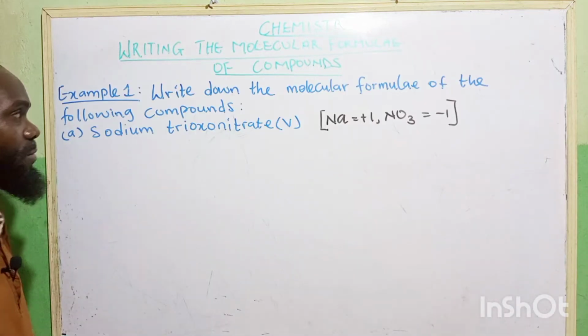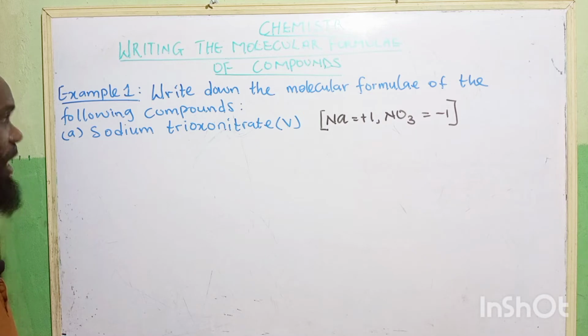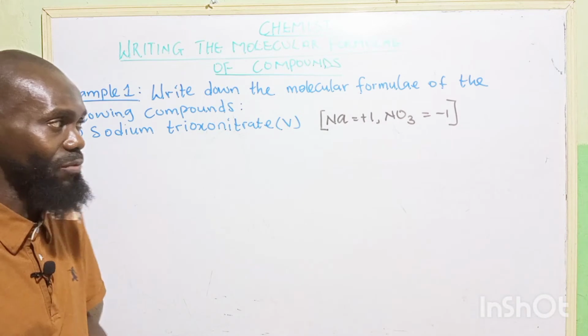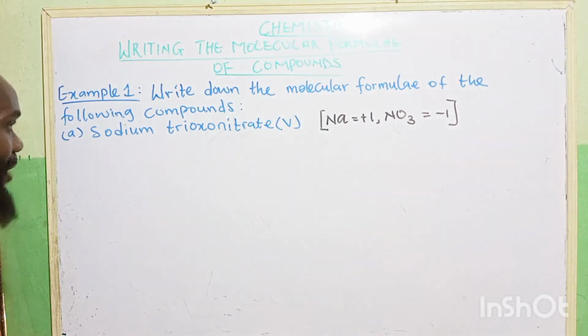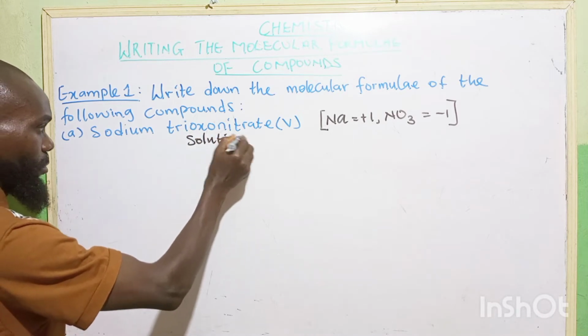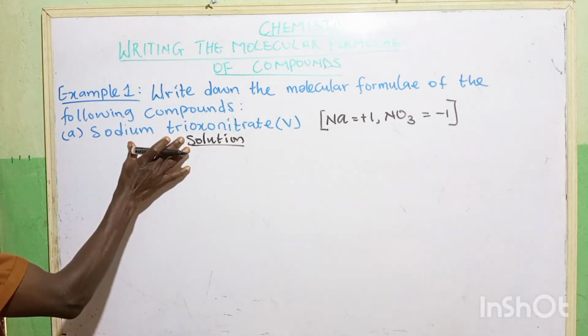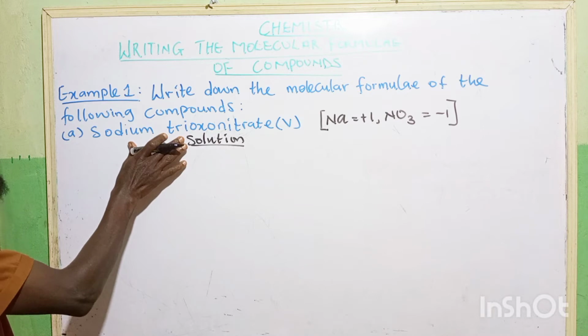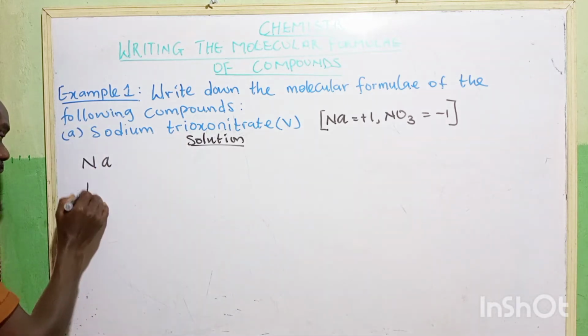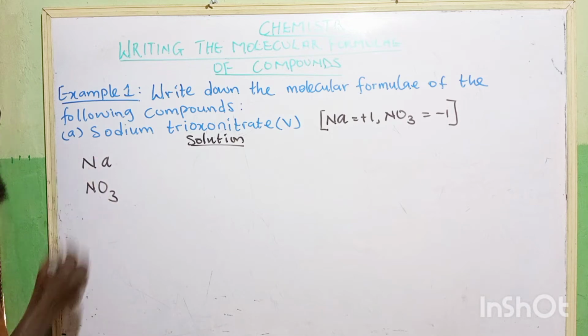Example 1 reads thus: write down the molecular formulae of the following compounds: A. Sodium trioxonitrate 5. And the valency of sodium is +1. That of trioxonitrate 5 is -1. Now, let us start. So the elements and radical that are here, we have Na, which is for sodium, and we have NO3, trioxonitrate 5.